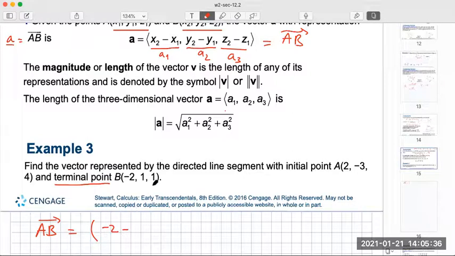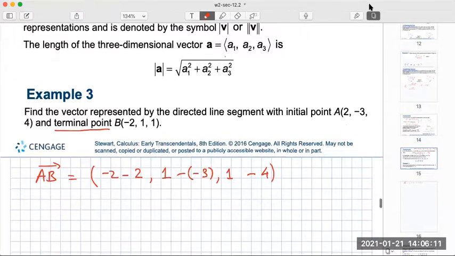Very good. Minus 2 minus this guy is 2. And what is the y component? 1 minus negative 3, or 1 plus 3. Very good. And the last component? Yes, 1 minus 4.